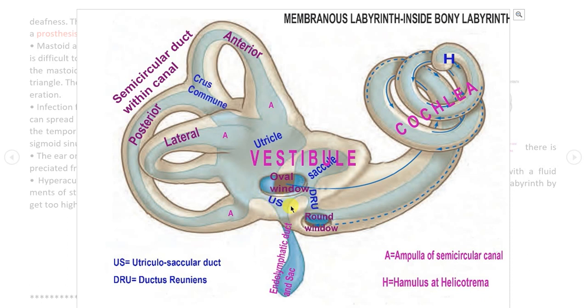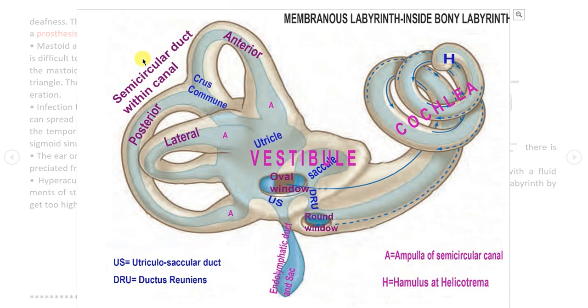That united duct is called utriculosaccular duct. This duct continues with endolymphatic duct and it ends in the sac. So again, this is utriculosaccular duct continuing with endolymphatic duct and terminating in endolymphatic sac.